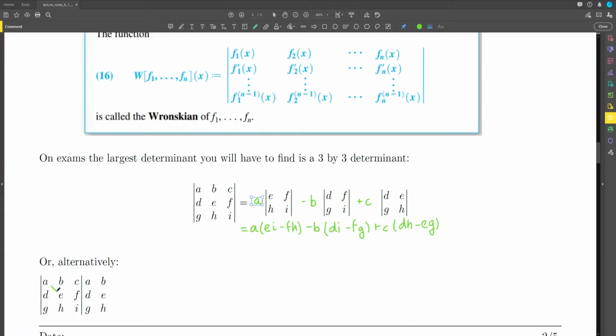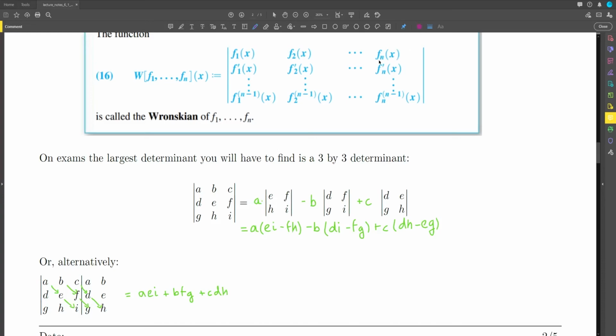So first, let's take a look at A, E, I. And then the second diagonal product is B, F, G. So I'm going to add B, F, G. And then the third diagonal here is C, D, H. I'm going to add C, D, H here.